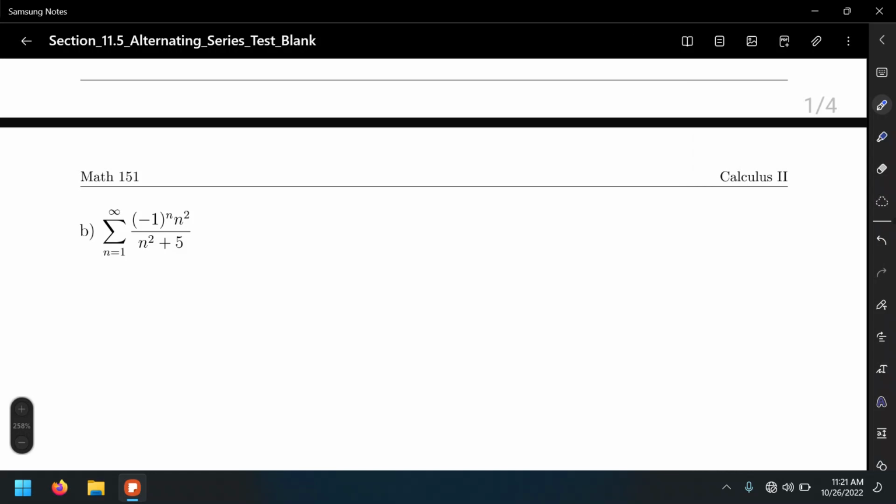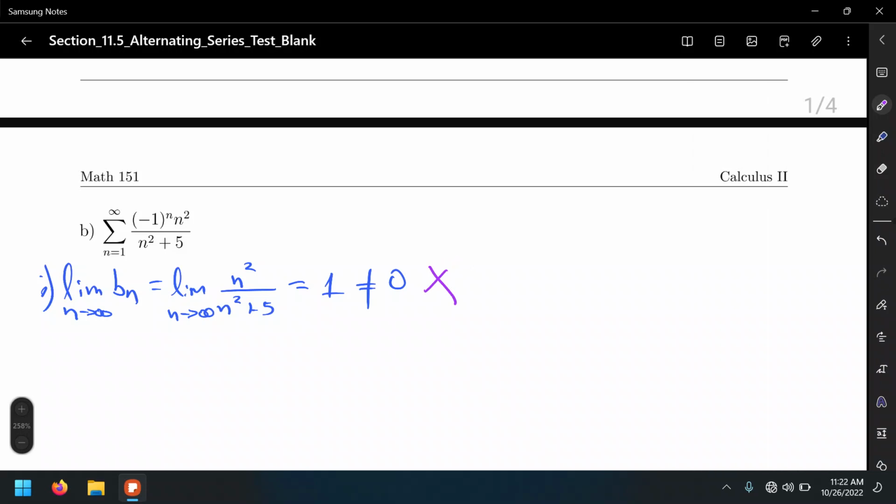The first condition states that we take the limit of b sub n, the limit of n squared over n squared plus 5 as n approaches infinity. What is this limit equal to? This limit equals 1, which means it's not equal to 0. So in this case, the first condition is not satisfied.